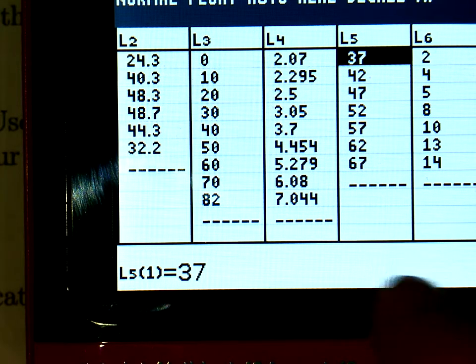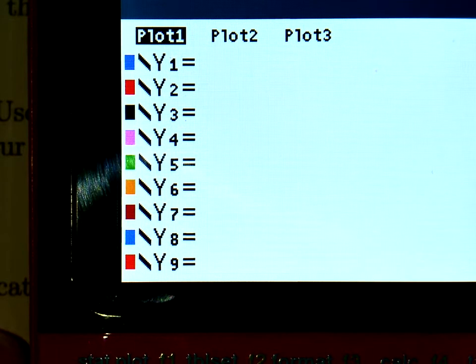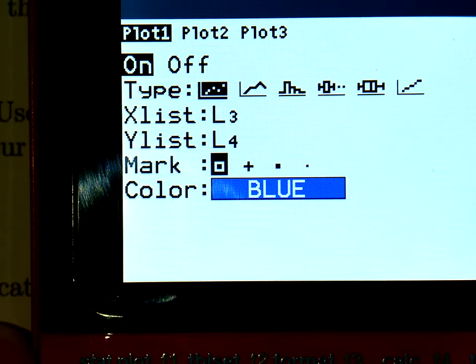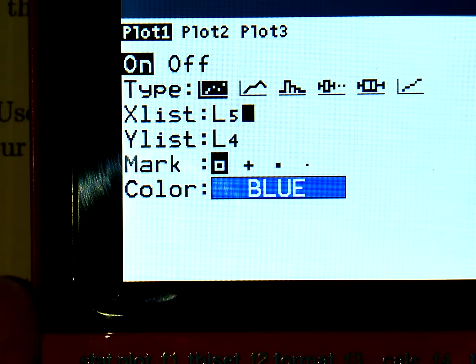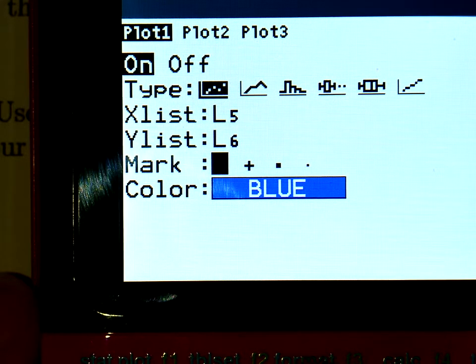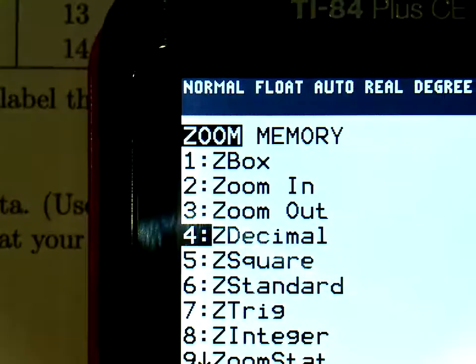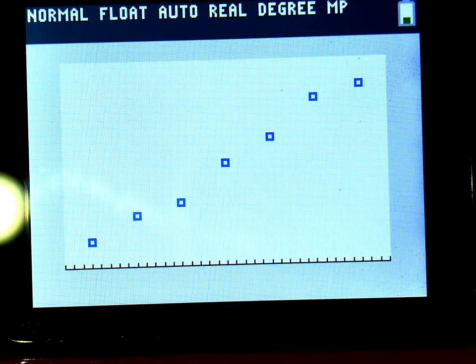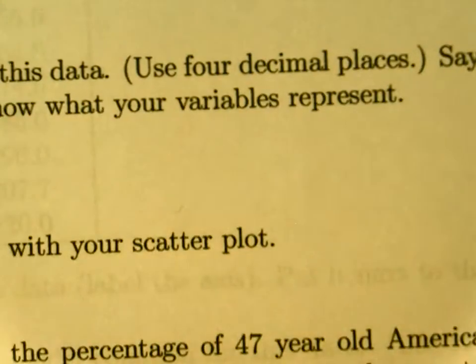Now we go to y equals, and we're going to clear out any old things, and we're going to go to second stat plot. We're going to turn it on. We're going to create a scatter plot of list 5 and list 6. And then, of course, we go zoom, and we arrow all the way down to zoom stat. And here's what the data shows us. Okay, let's take a peek.